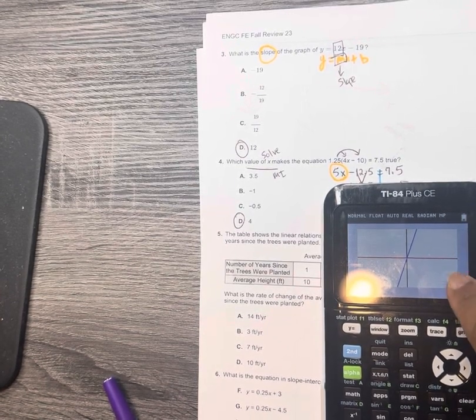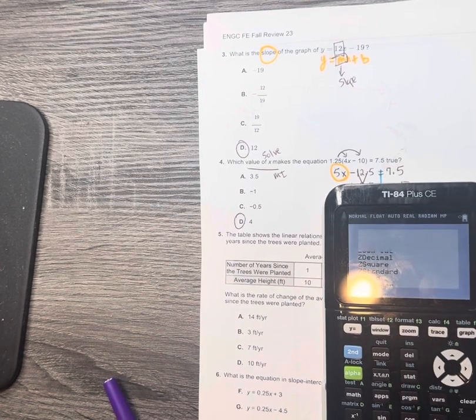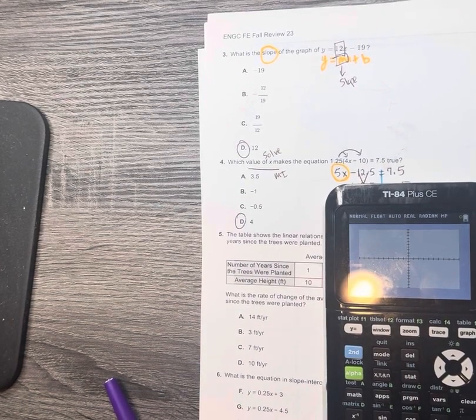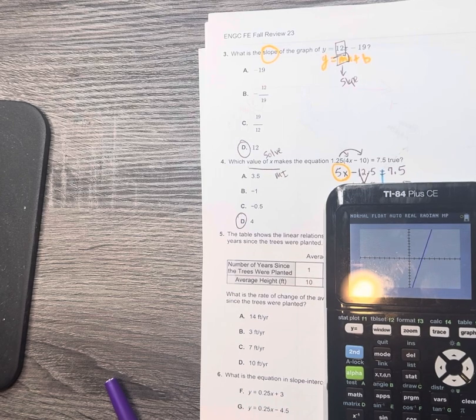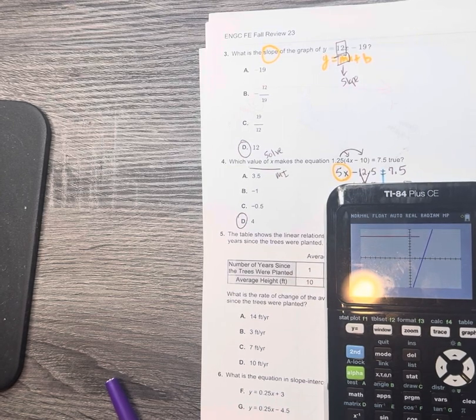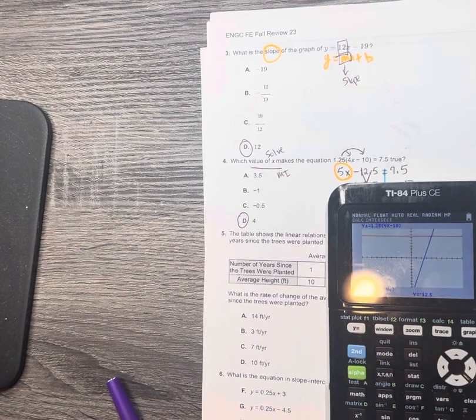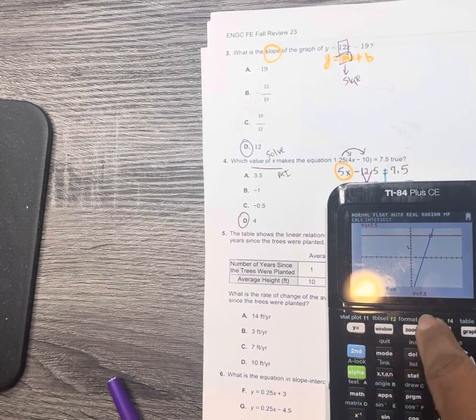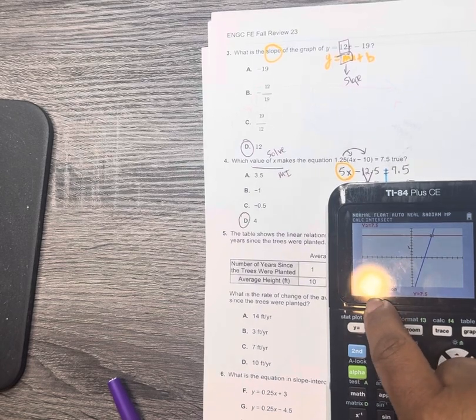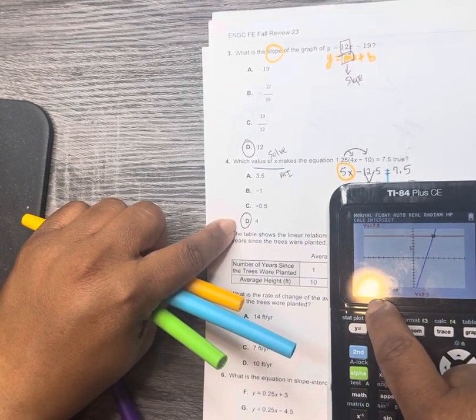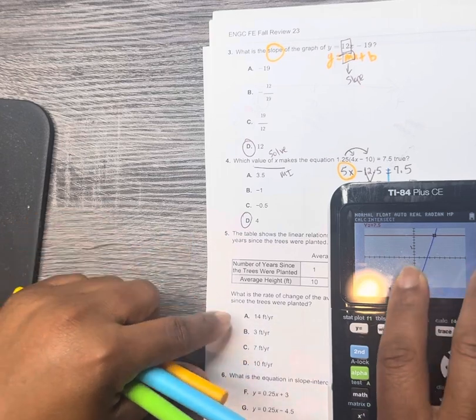Okay. Right now, my graph is skewed, so I'm just going to go back to the standard viewing window. So hopefully it'll look like what you have. All right, and we see that intersection. So we're going to press second, trace 5, enter, enter, enter. And notice how the x value here is 4, which matches with the answer we got. So that's another way that you could have done this.